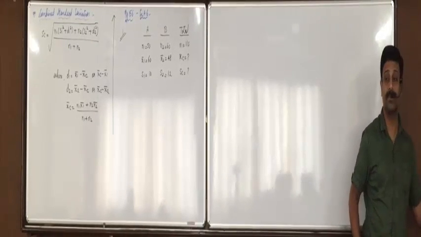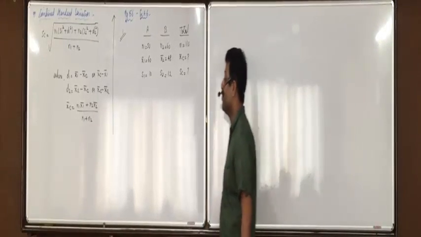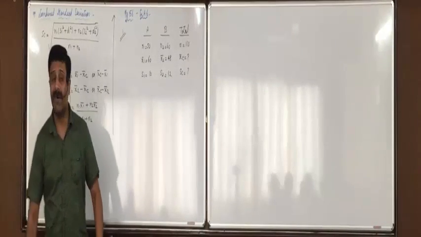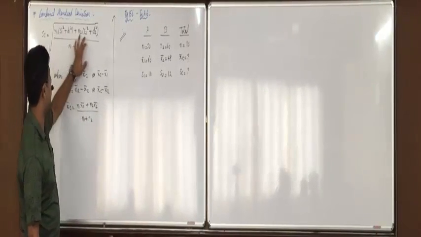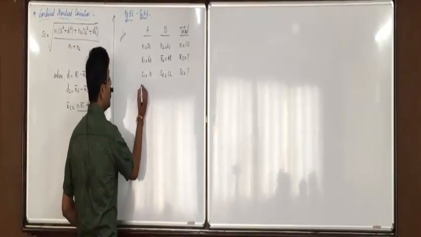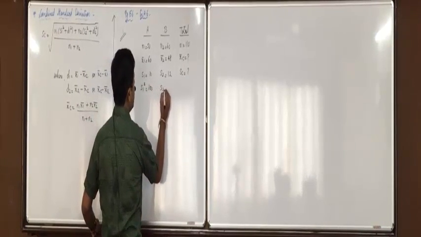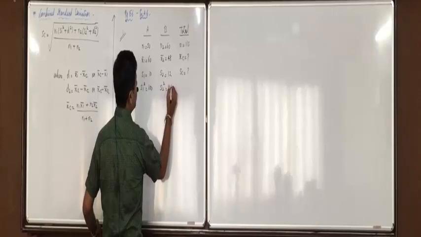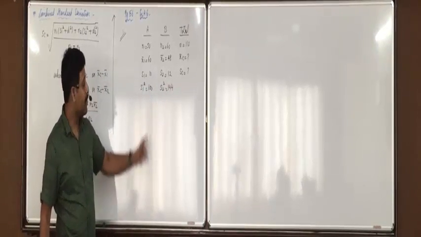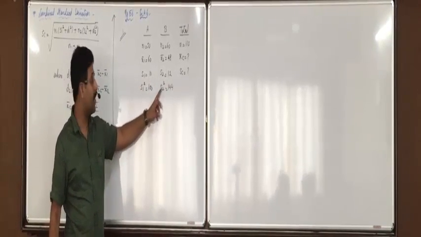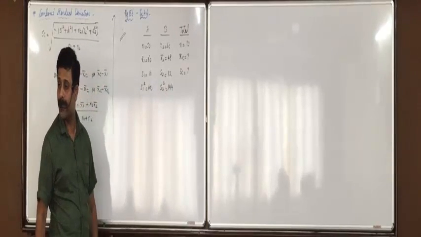Understood that, everyone? Also, in the formula what we need is s1 square and s2 square. So can I say s1 square will be 100 and s2 square will be 144? 10 square is 100 and 12 square is 144.